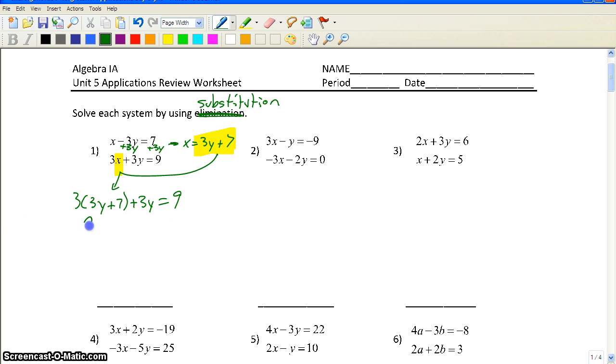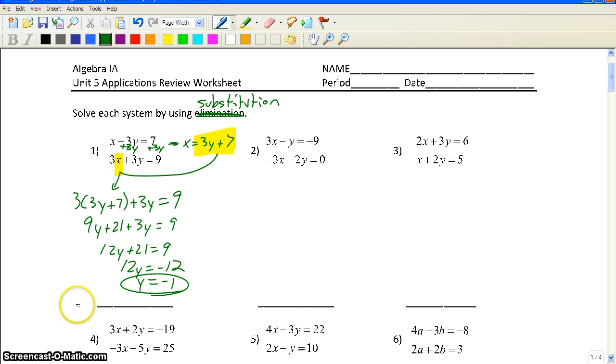Now you distribute: 9y plus 21 plus 3y equals 9. You get 12y plus 21 equals 9. 12y equals, excuse me, it's going to equal negative 12. You go y equals negative 1.